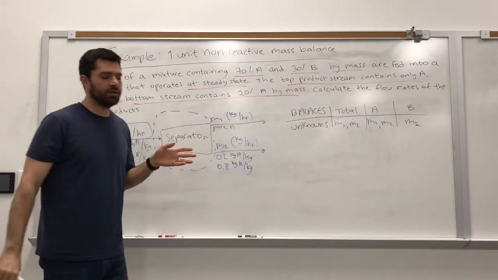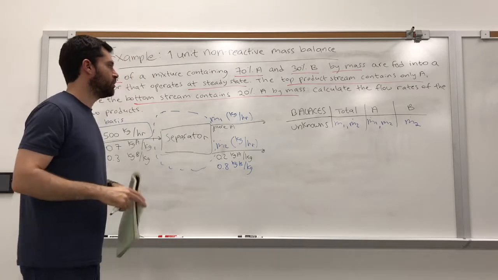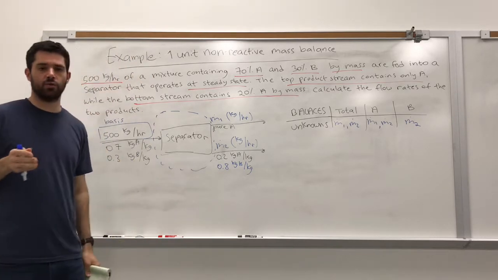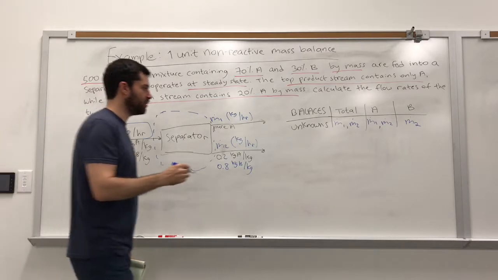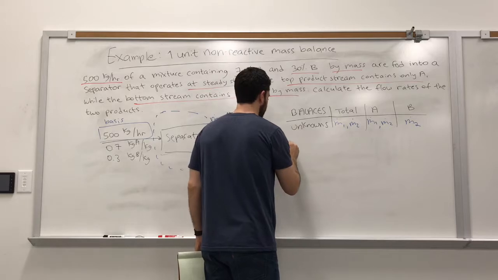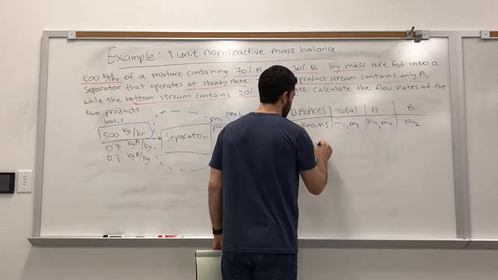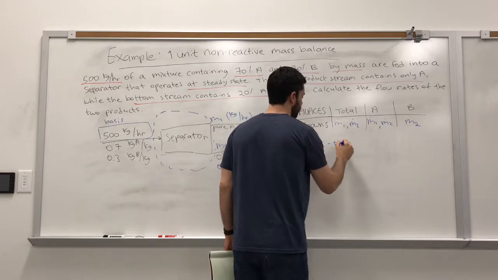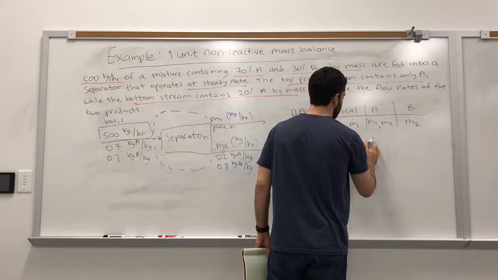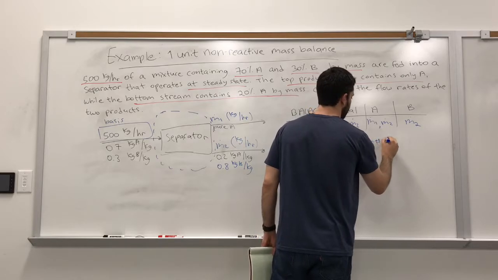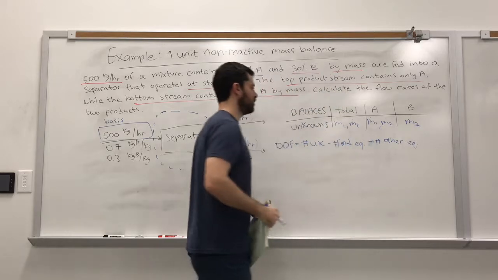Okay, now that we've drawn this out, we can map out how we're going to solve the problem. So again, we're going back to our degree of freedom analysis. In terms of the degree of freedom, we have the number of unknowns minus the number of independent equations minus the number of other equations.